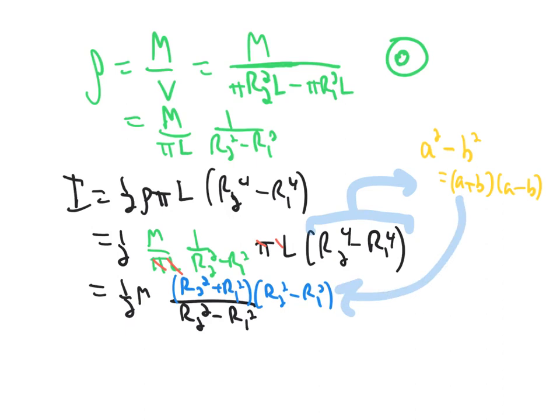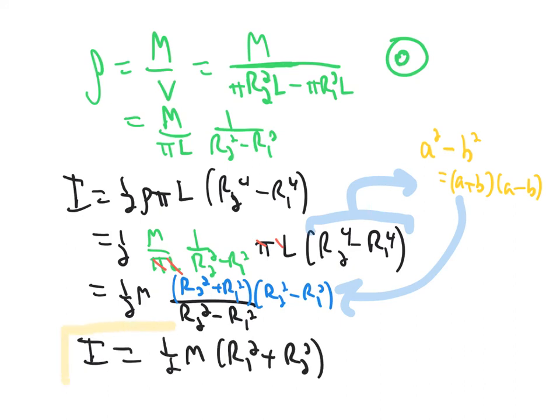After all of that, we end up getting that the rotational inertia of the paper tube, or at least of the roll of paper, is 1/2 m times (R1 squared plus R2 squared), which is a useful result that will simplify some calculations for stuff we do.